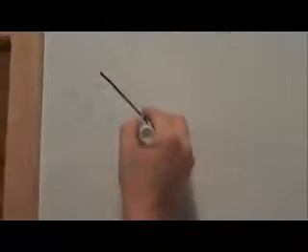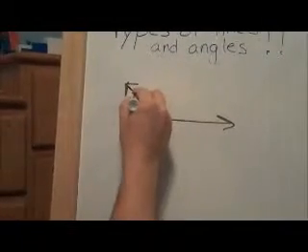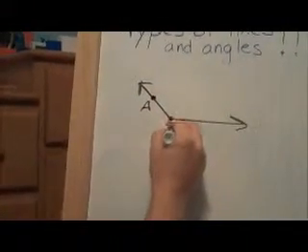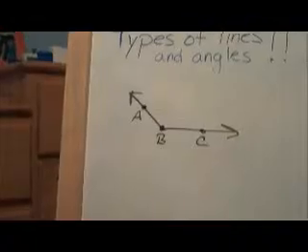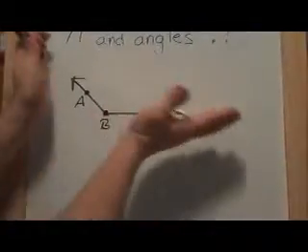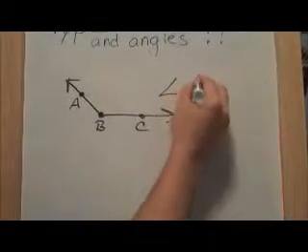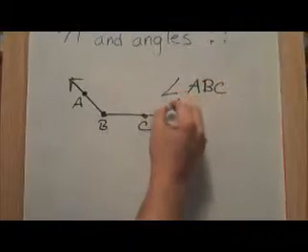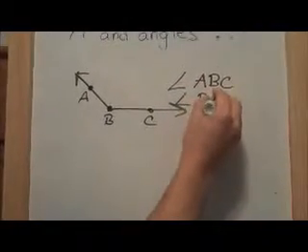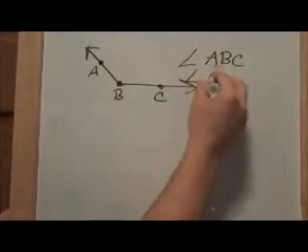My second type of angle, if you remember back in second grade, is you will have something like this. You will have an obtuse angle because it is wide. We would write this as angle ABC or angle CBA.